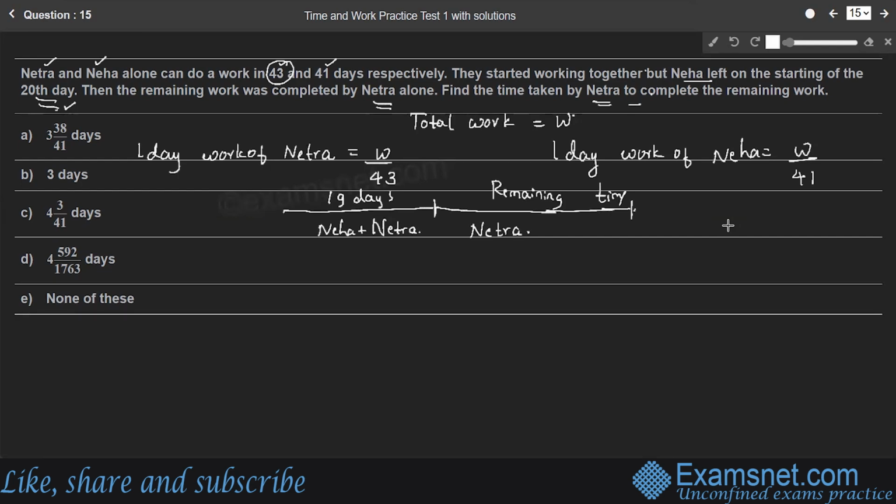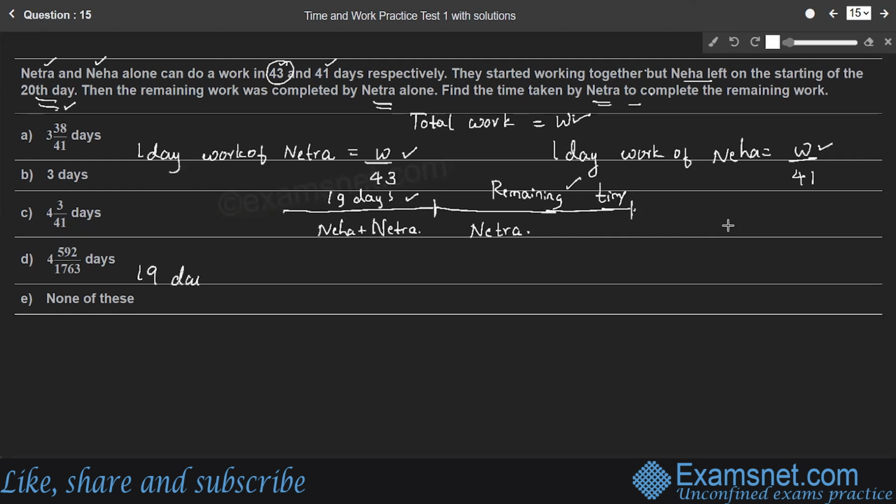If total work is W and some amount of work has been done by Neha and Netra in 19 days, let us find the work done in 19 days first. Then we'll find the remaining work, and then the time taken to complete it. So let us find Neha and Netra's 19 days work. Their 1 day work is the sum of their 1 day work.